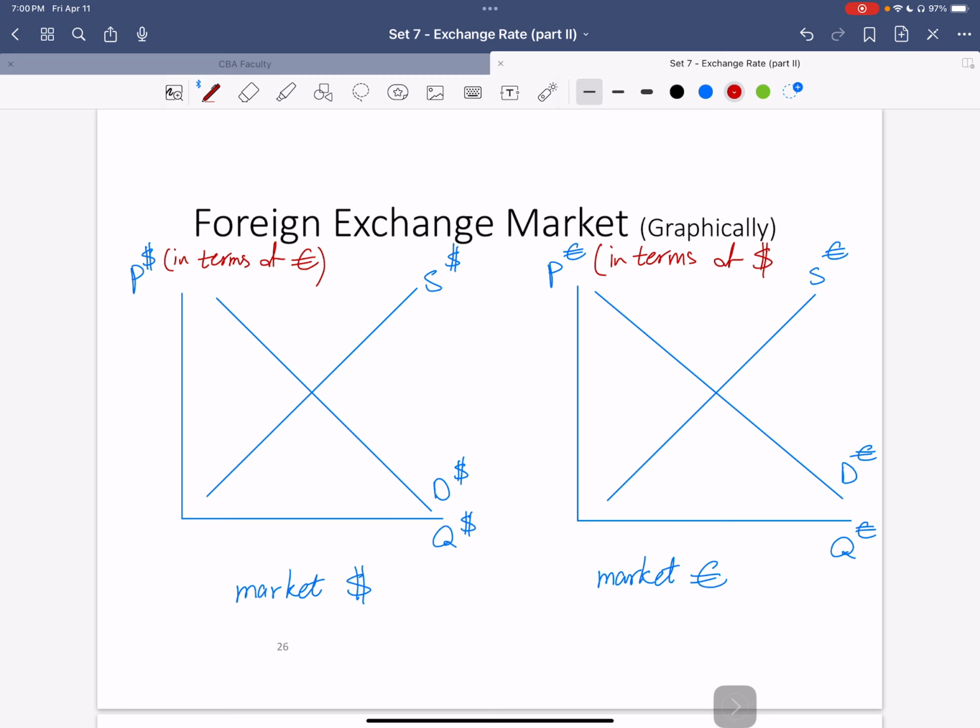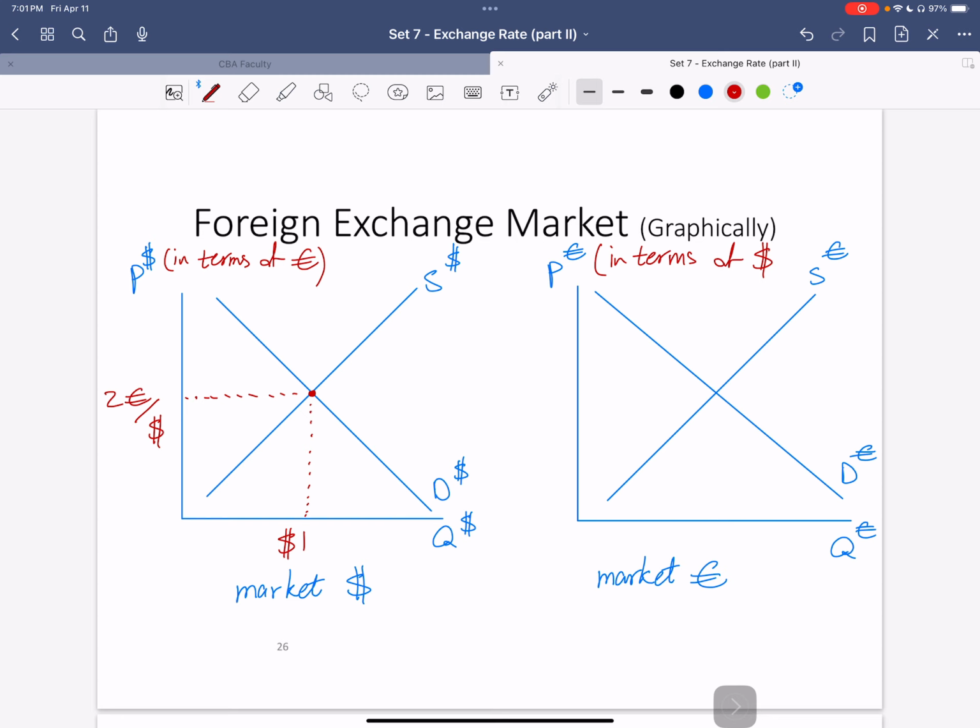For example, if I say that here is the equilibrium, and let's say the equilibrium is $1, okay? This $1 will be equal to, say, 2 euros per dollar. Okay, so this currency over here will have the unit of euro per dollar.